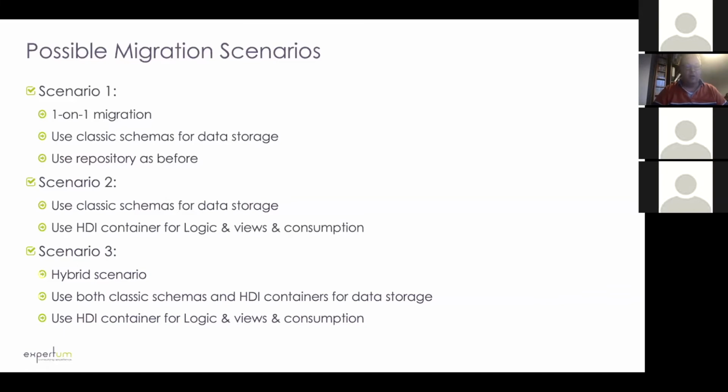So you can use both classic schemas and HDI containers for data storage, and use the HDI container for logic and views and consumption. But I think for most companies, scenario 2 is the most feasible because most data is already available in those classic schemas. So it makes sense to use that.